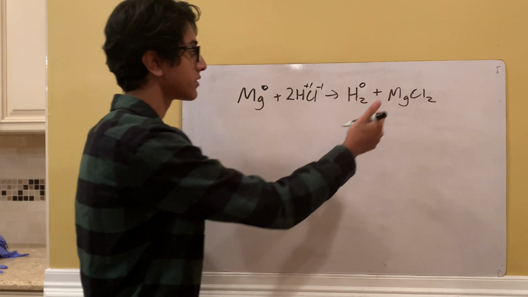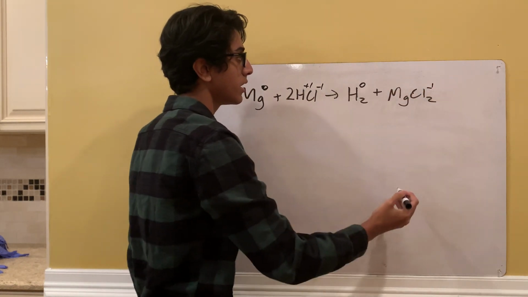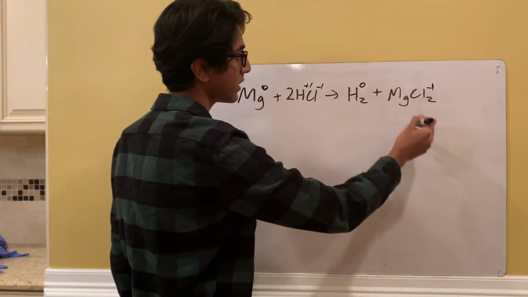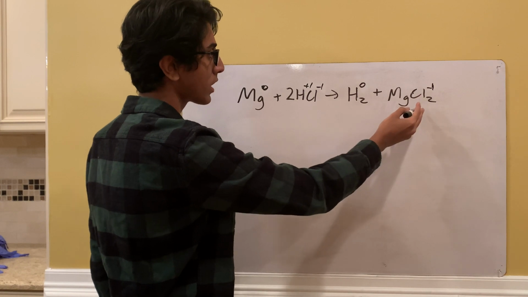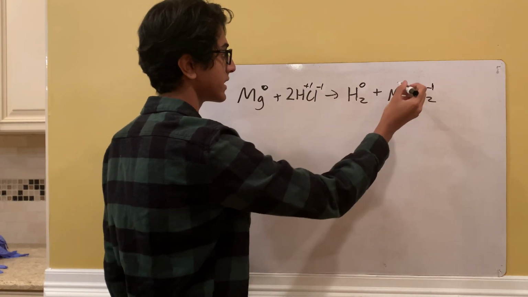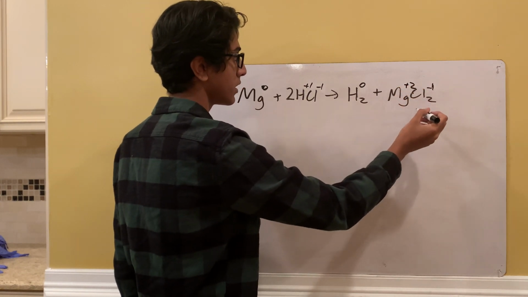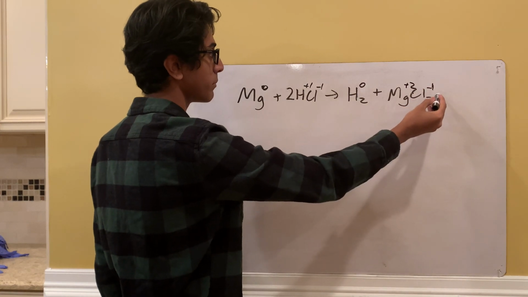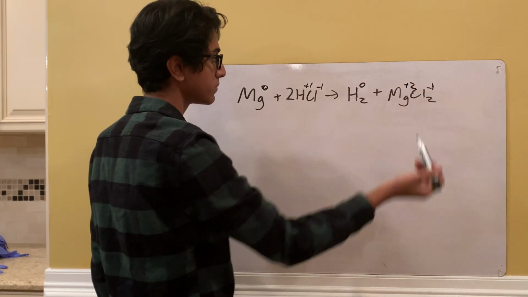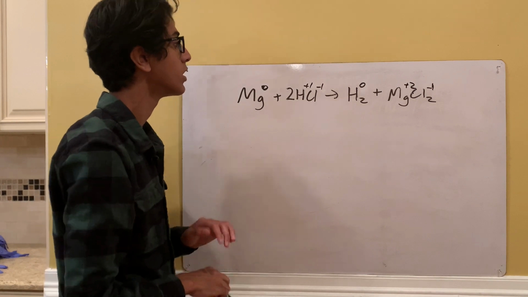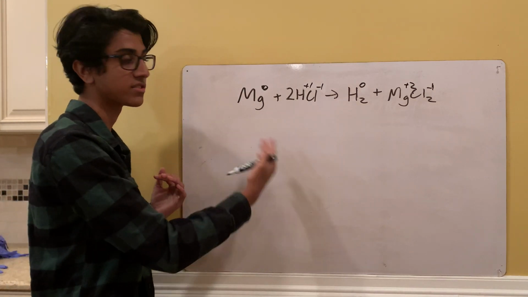And over here, Cl is -1, and you have to multiply that by 2, so you get -2. So magnesium must be +2. So -2 plus 2 equals 0. So we figured out all the oxidation states.